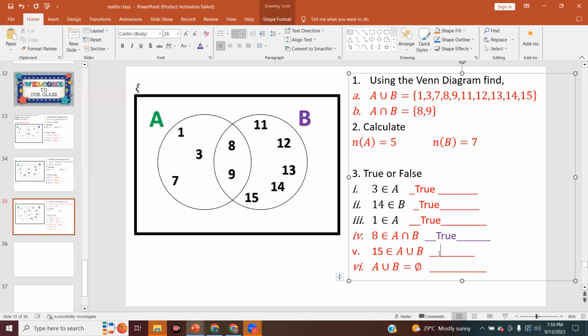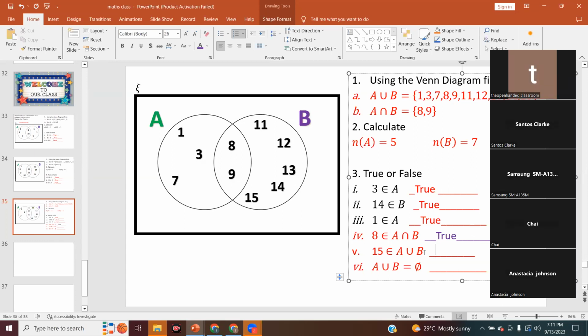All right. True or false? 15 is an element of A union B. Chai, why do you say it's false? Olivia, why do you say it's true?